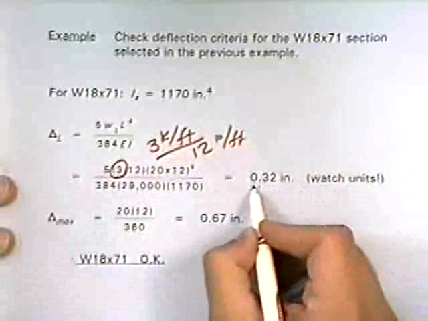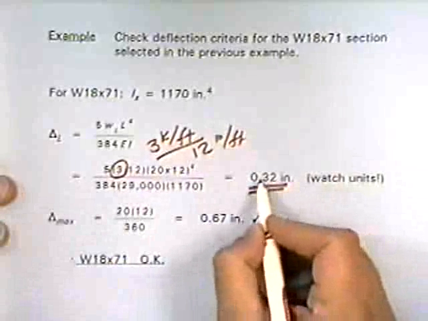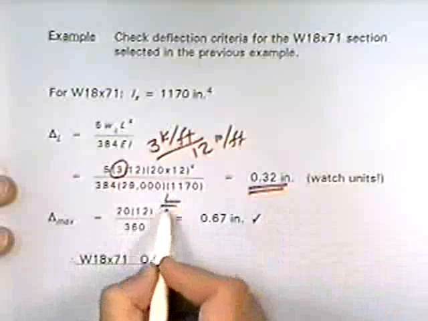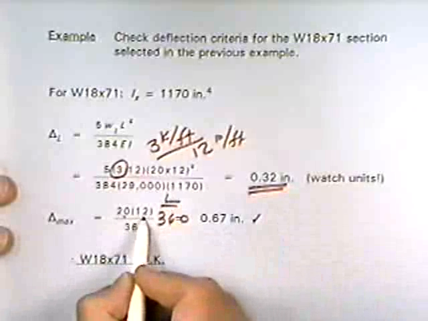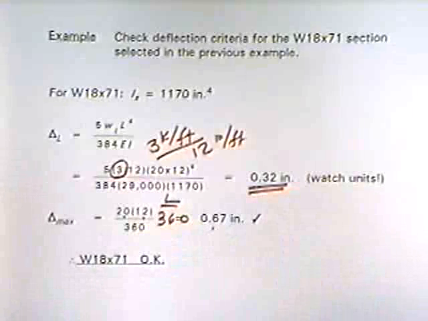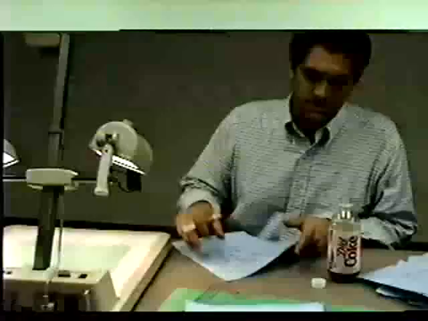The total deflection due to the live load, service load, unfactored, is about 1/3 of an inch. Using L over 360, again getting the length into inches, is about 2/3 of an inch, so we're okay. Now we're only 50% of the maximum allowed, so the W18 by 71 works.